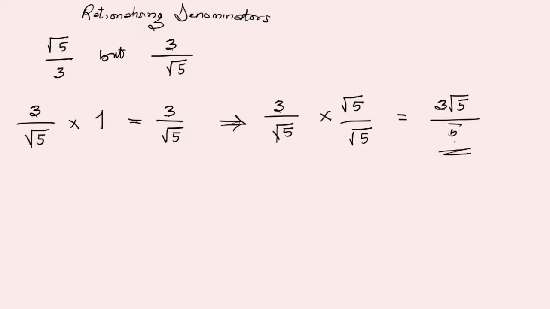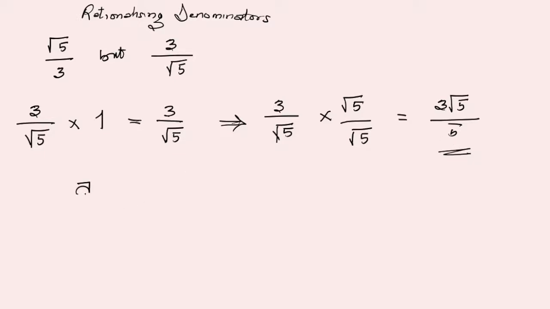And so this has helped us get rid of the radical sign in the denominator, and we've rationalized this fraction. The value of this expression is exactly the same as the value of what we started from. The difference is that we've been able to get rid of the radical sign in the denominator. And that's exactly how we rationalize surds.